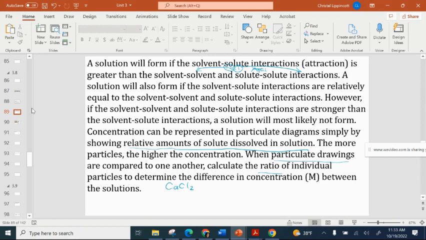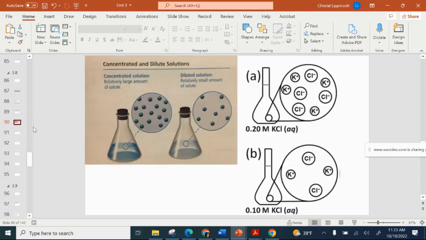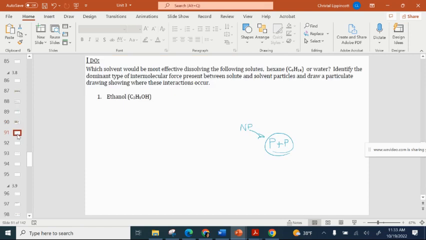Here, for example, this is a 0.2 molar KCl. This is a 0.1 molar. This is going to have twice as much as this one. So if they show you a diagram of this and ask you to draw what it looks like, make sure that you double the amount up there. More concentrated solutions have more solute in them.